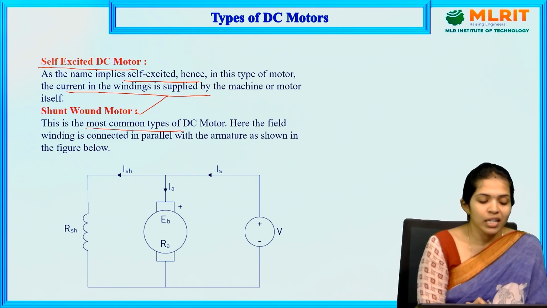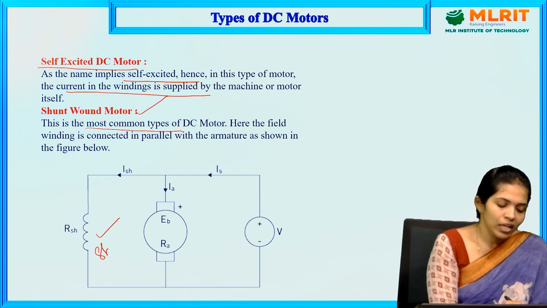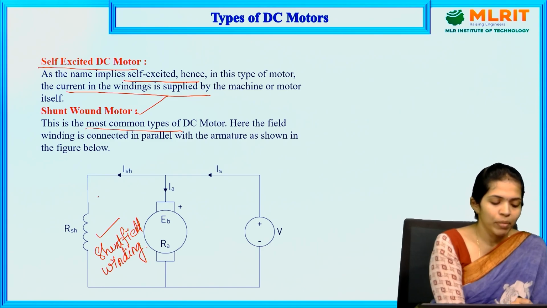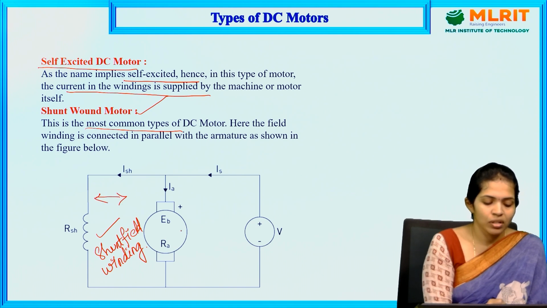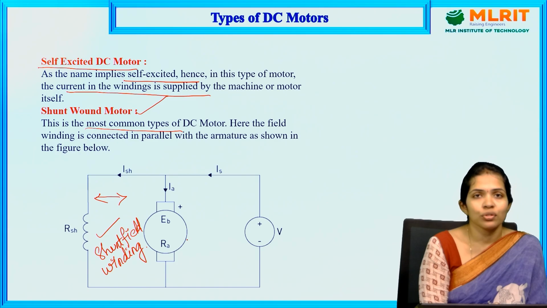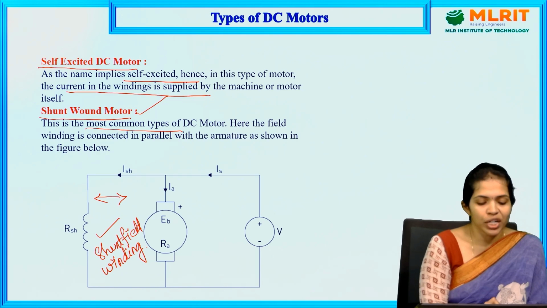Here the field winding, which we can call the shunt field winding, is connected in parallel to the armature of the motor. Whenever the armature is connected in parallel to the shunt field winding in the stator, such motors are called shunt motors or shunt wound motors.